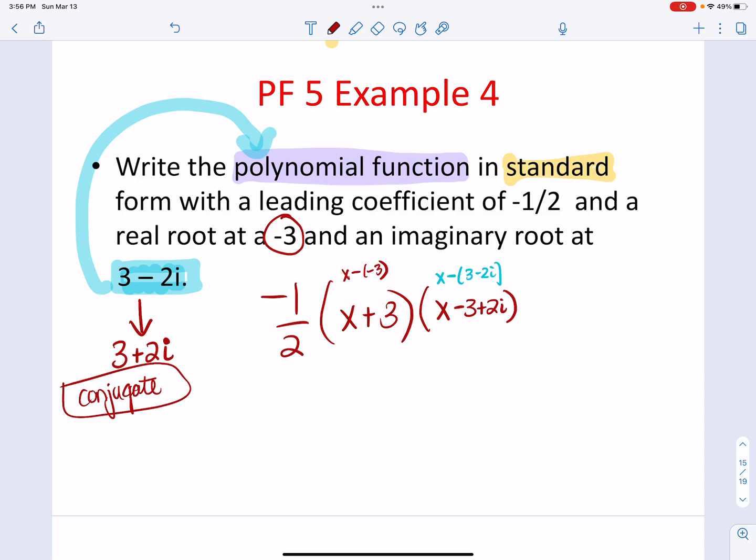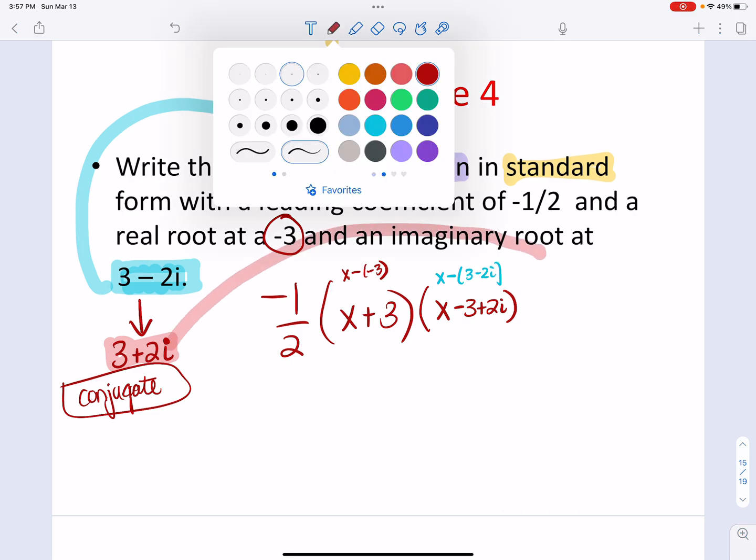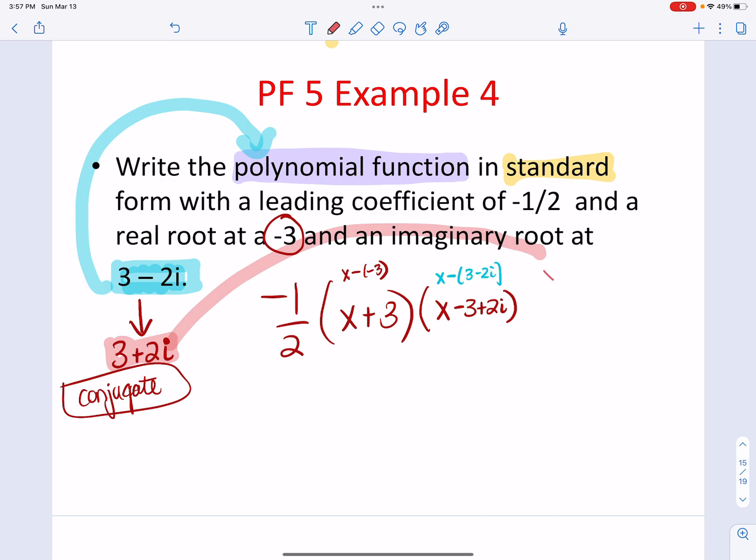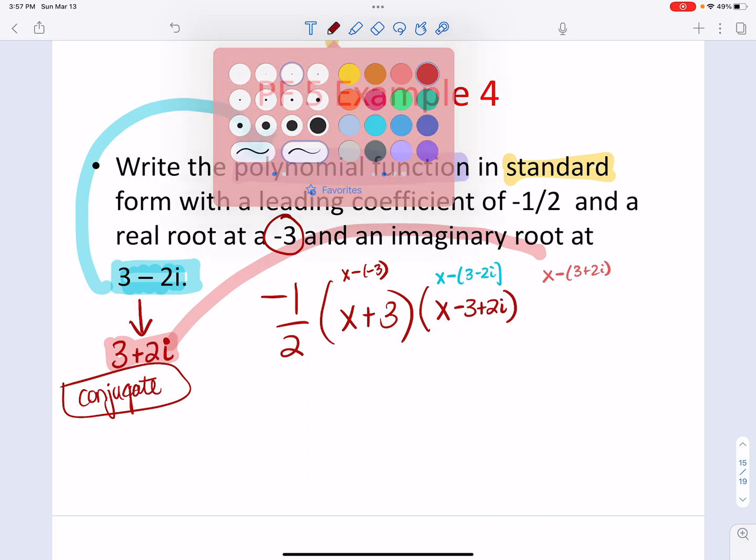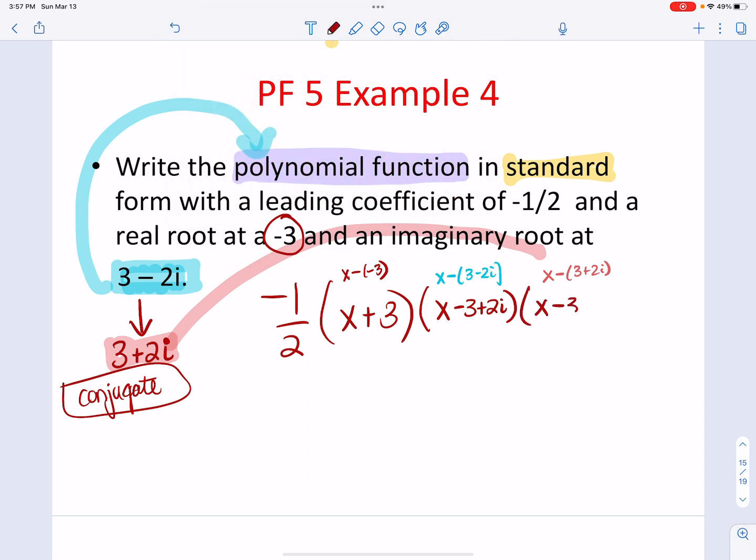It changes the signs. The same thing happens on this one: x minus 3 plus 2i. I have to put that negative sign into both of them, so minus 3 minus 2i.